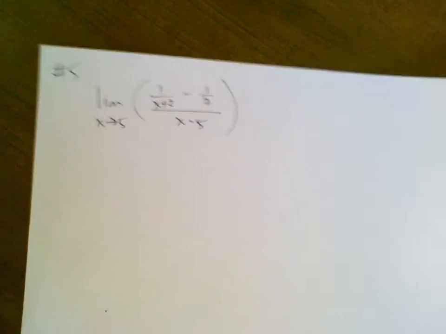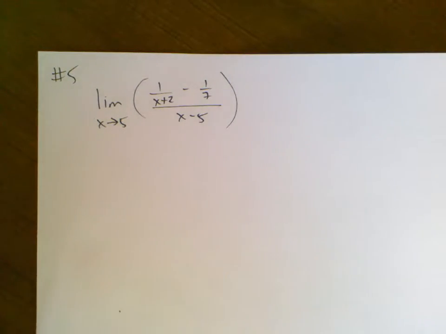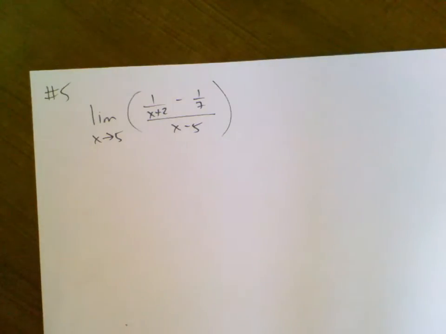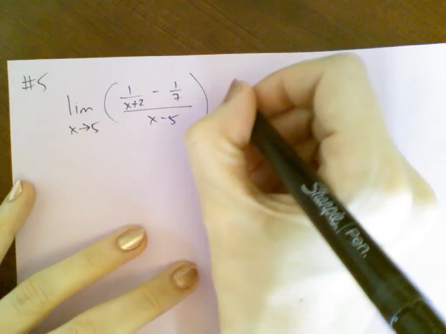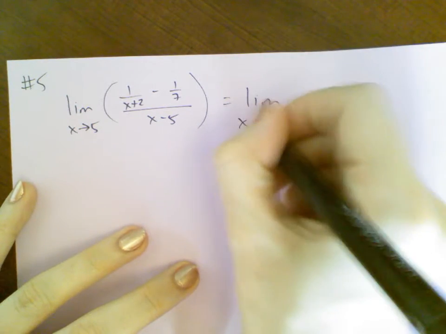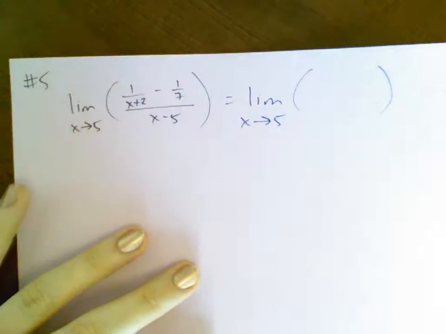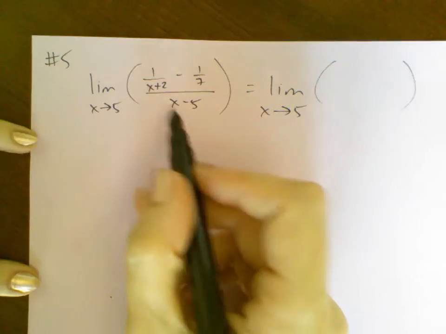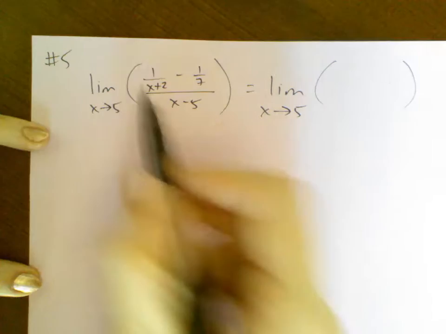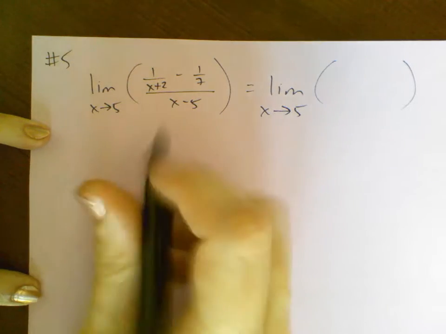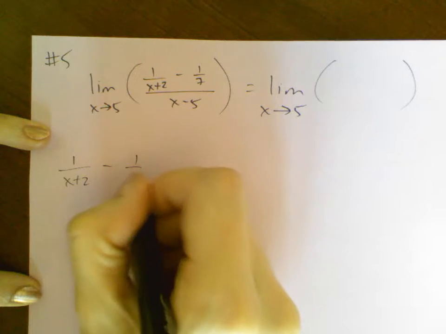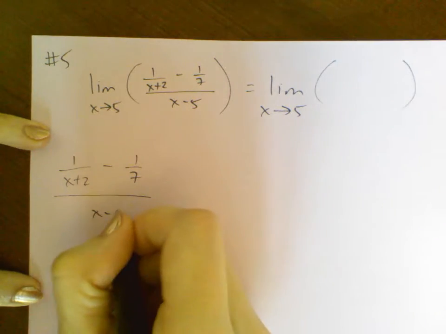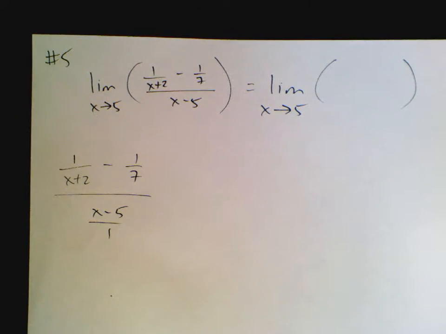The fifth one. Is the limit going to infinity? No. So you try to direct substitute, but we get a 0 in the denominator. So I go equals the limit as x approaches 5 with a blank. Then off to the side, I do this thing. I've got 1 over x, and I'm going to put that over 1 because I'm going to have to use keep, change, flip eventually anyway.